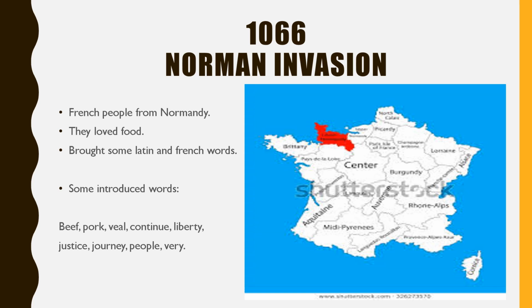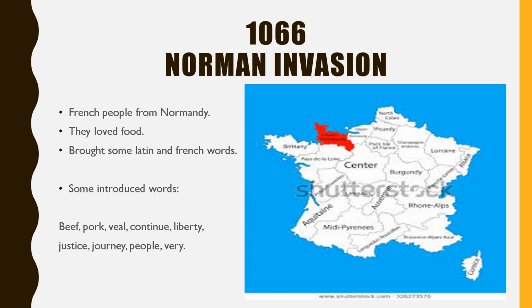And as you know, French, Italian, Portuguese, and Spanish all come from Latin. So the Normans came to England with Latin and also French words. Here we have some examples, basically from French: beef, pork, veal, continue, liberty, justice, journey, people, and very. These were the words that came from the French language.